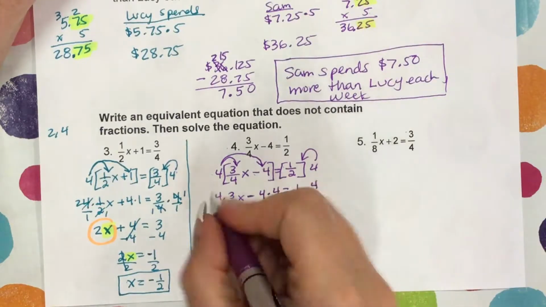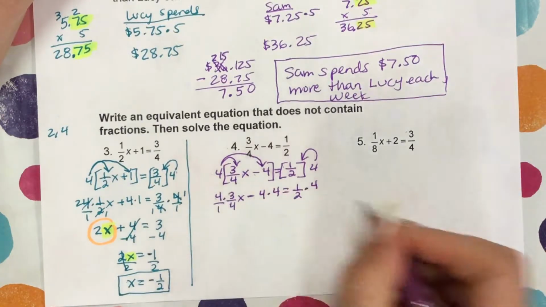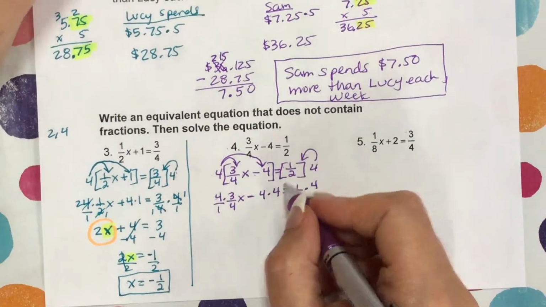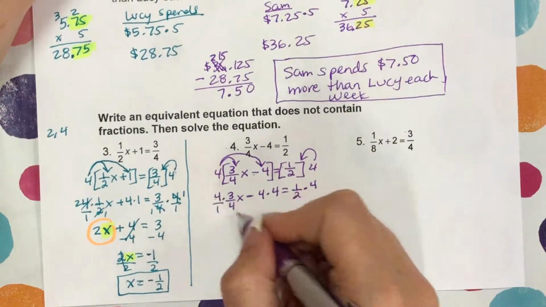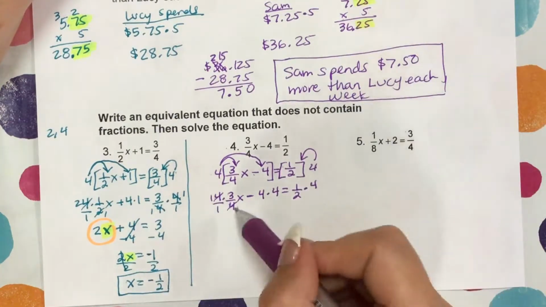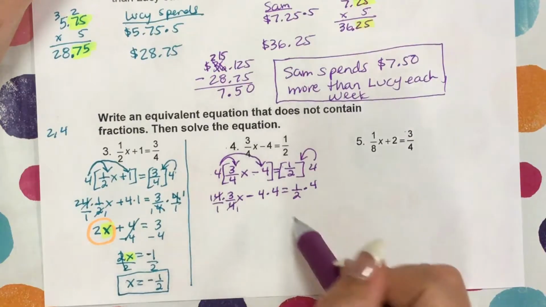Okay, so I'm going to be multiplying these fractions. I'm going to make this 4 a fraction. Whenever I'm multiplying fractions, the first thing I do is look to cross cancel. I look to see if there's a common factor between 4 and 4, and there is. 4 goes into 4 one time, 4 goes into 4 one time. Can't do anything here, so I multiply across.